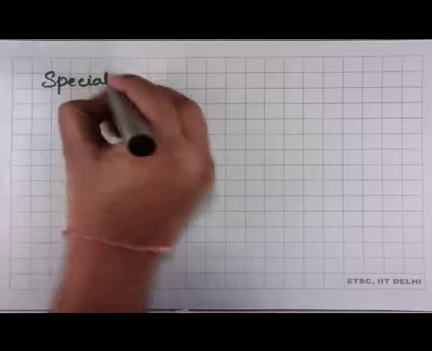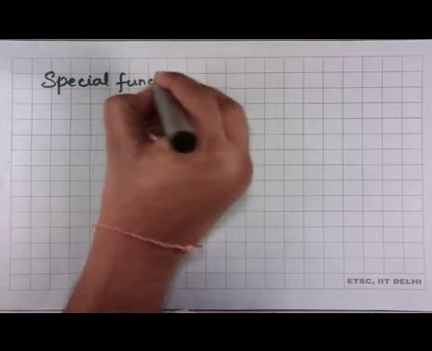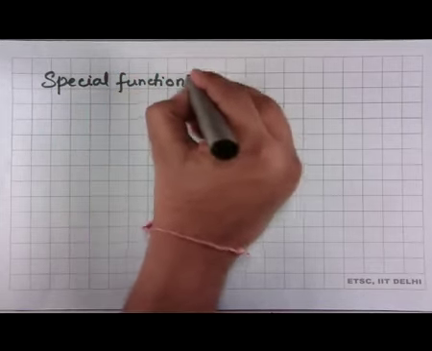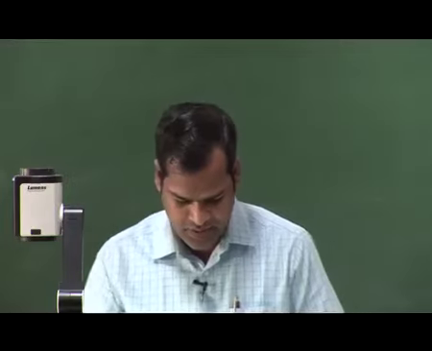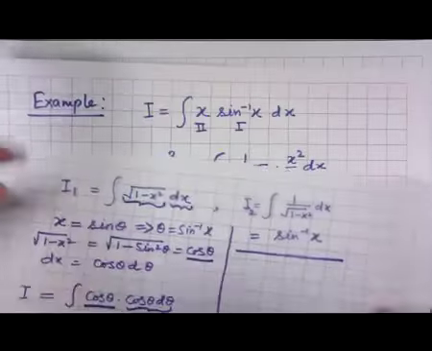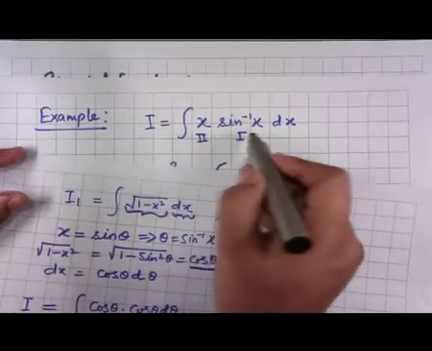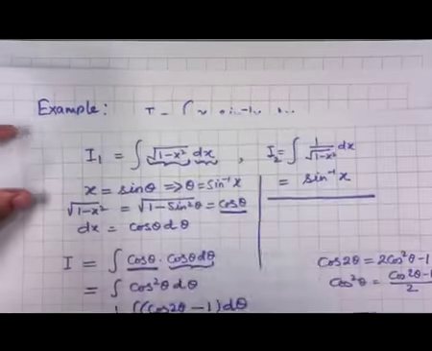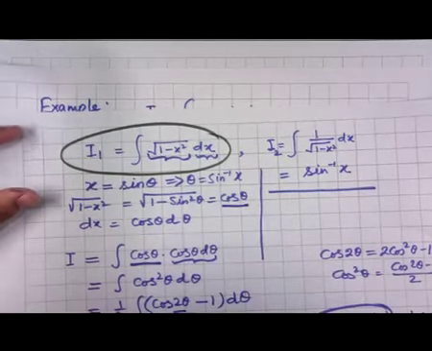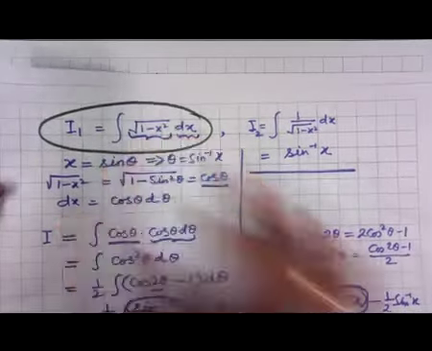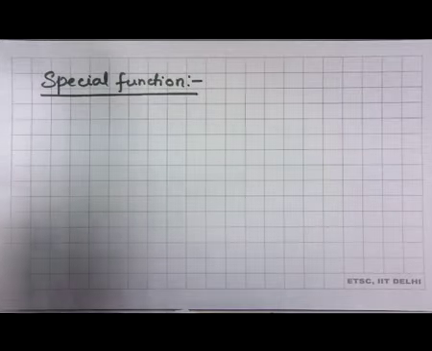Next, I will solve for another special function which I used in an earlier problem. When I was solving the problem of x sin inverse x for u, I obtained this function I1. This kind of function in fact can be solved in general and its integral found.